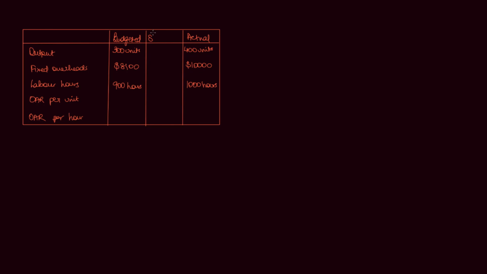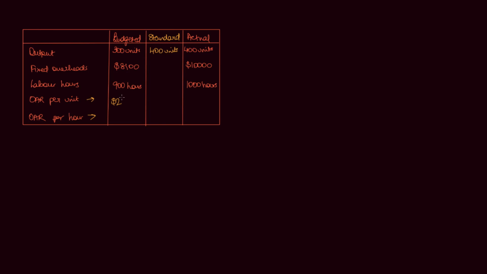As we always do, we will first calculate the standard data, without which it is not possible to calculate the variances. In our standard data, output will always be equal to the actual output. Now, also let's calculate our overhead absorption rate per unit and per hour. So if we take overhead absorption rate per unit, we have to take budgeted overheads 8,100, divide that by 300 units.